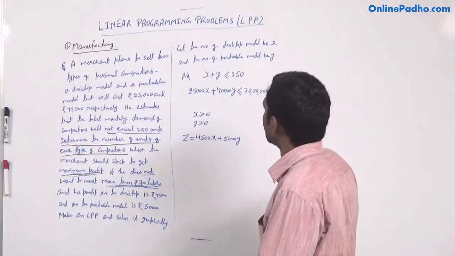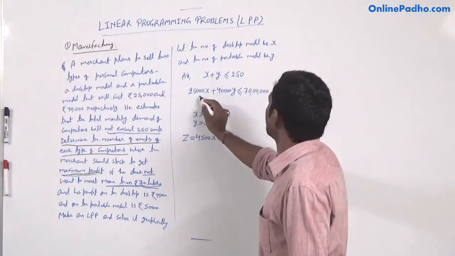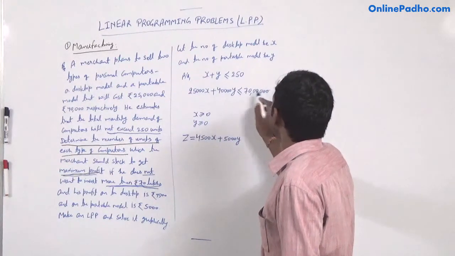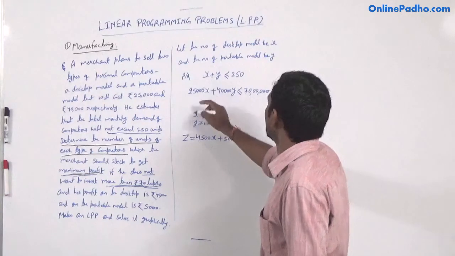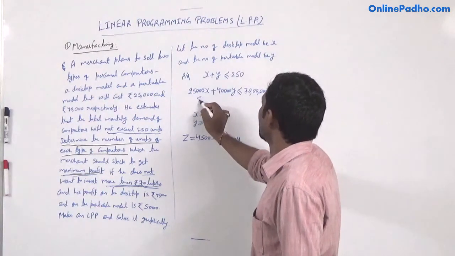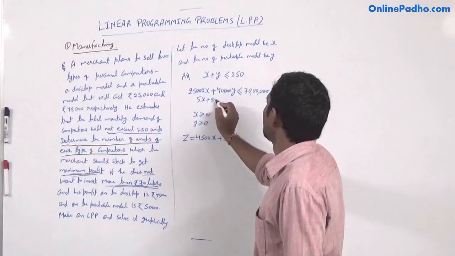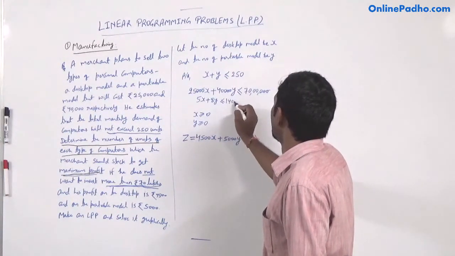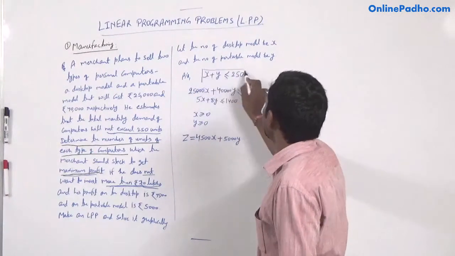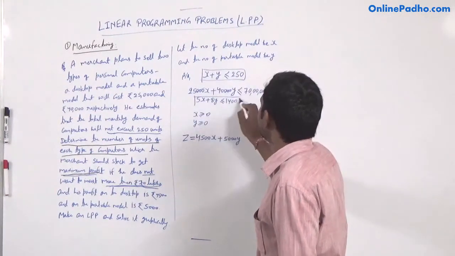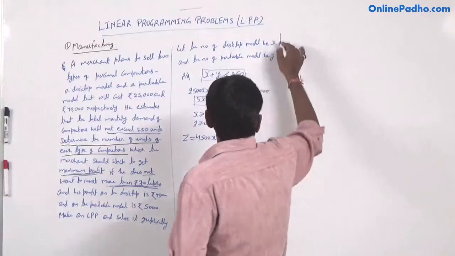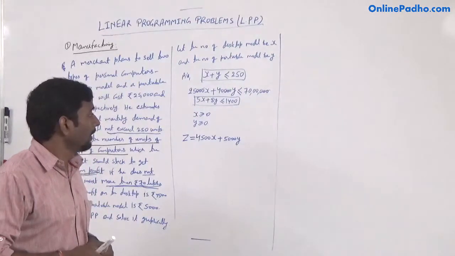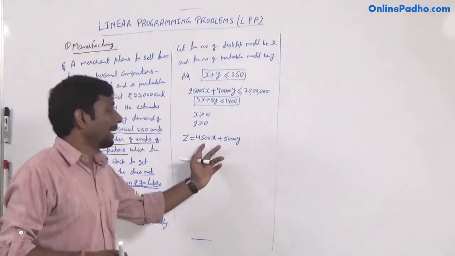This is the function Z. Now we can simplify the cost inequality by cancelling 3 zeros from each term, and we get 5X plus 8Y less than equal to 1400. So now we have two important inequalities. The second part, we need to draw the graph for the inequalities. Then we can find the maximum profit.